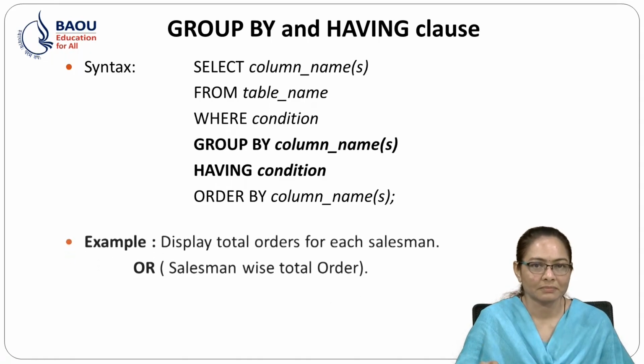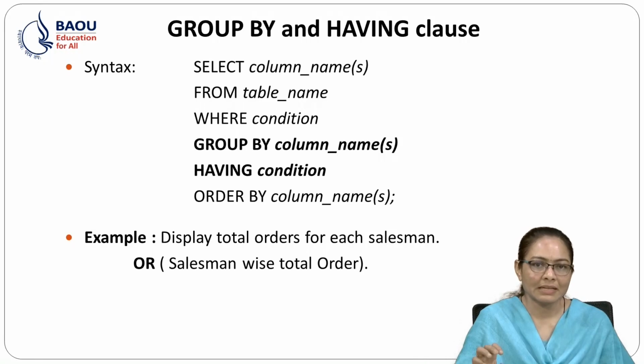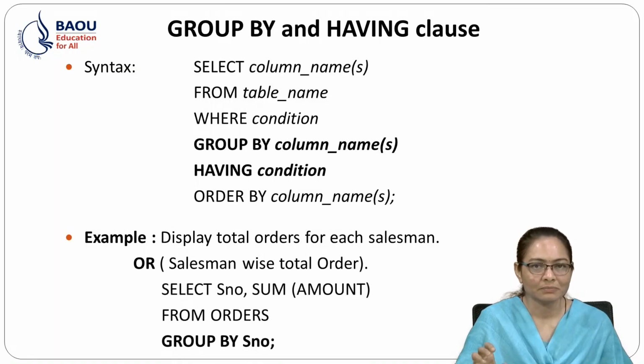Here, in the example, display the total orders for each salesman, or the salesman-wise total order. See how to write the command. Select salesman number, comma, sum function, because we want the total of the orders, so sum of amount from orders.